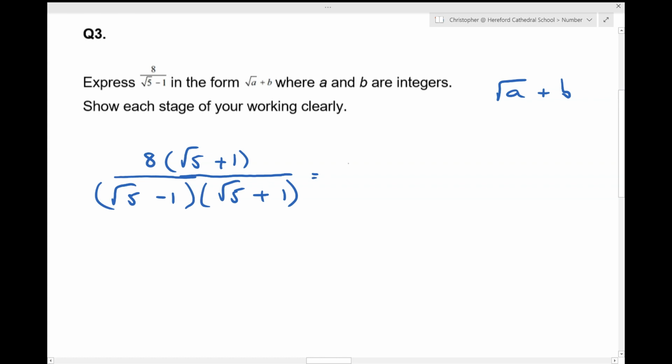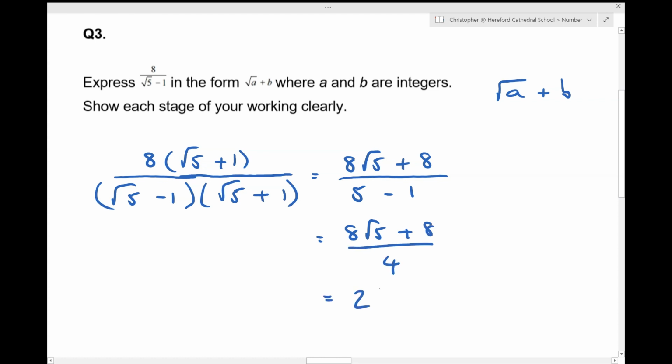That's going to give me 8 root 5 plus 8 over, well, when I look at the denominator here, my middle terms will disappear. So I'll just have root 5 times root 5 minus 1 times 1. So that boils down to 8 root 5 plus 8 over 4, which of course is 2 root 5 plus 2.